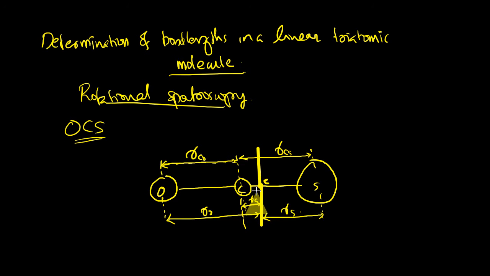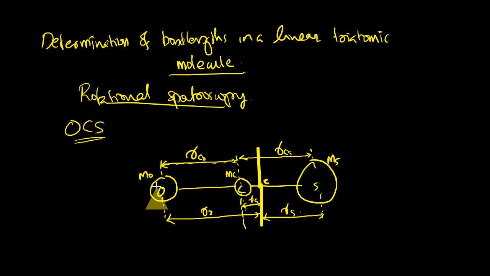You already know that we fixed the center of gravity here. This point is described by an equation. What is the equation describing the center of gravity? In the case of a diatomic molecule, it was M1R1 equals M2R2. Here the masses are MO, MC and MS. The masses of carbon and oxygen are on the left side of the center of gravity and the mass of sulfur is on the right side.